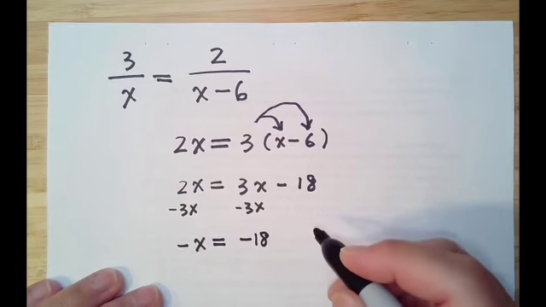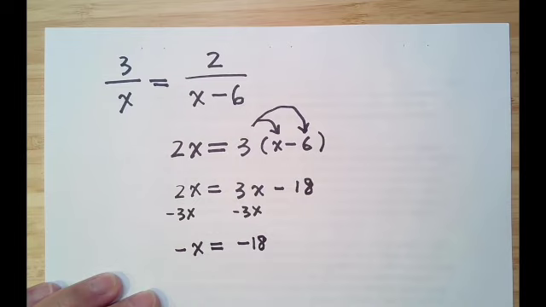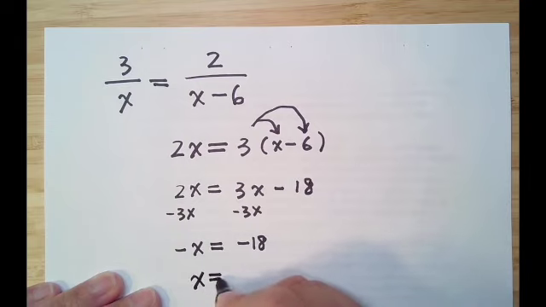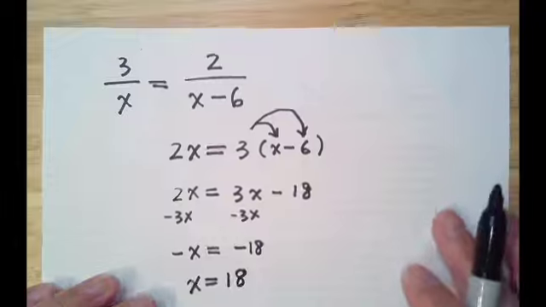So obviously I divide by negative 1 or multiply by negative 1, or simply change the sign on both sides, which is equivalent to either multiplying or dividing by negative 1. So x equals 18. Okay. So this is pretty hard, huh?